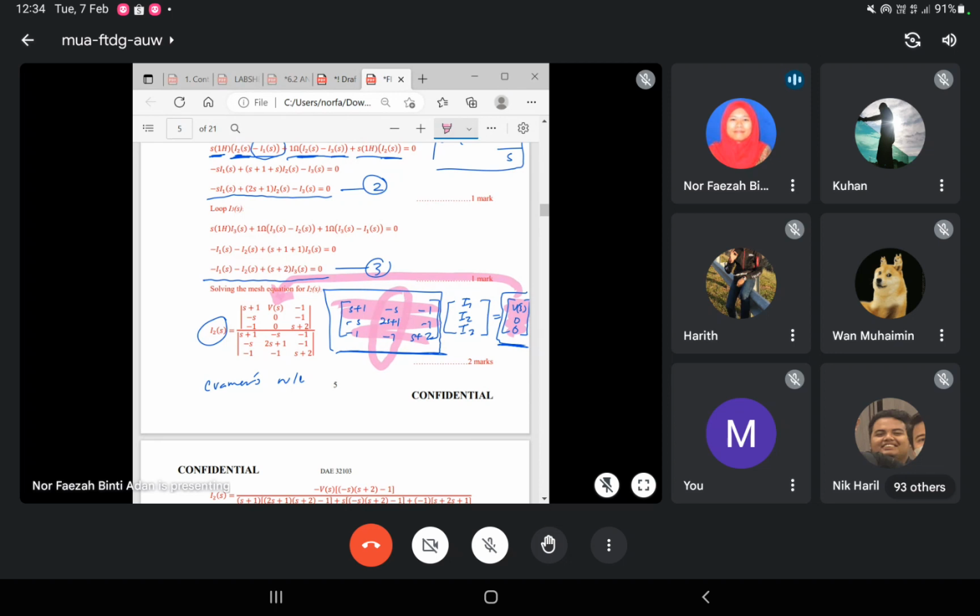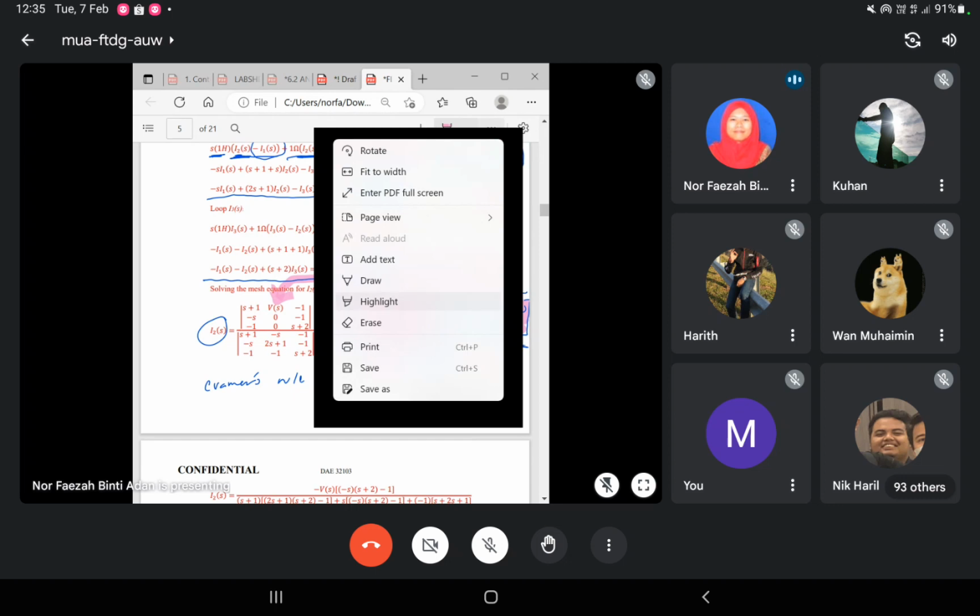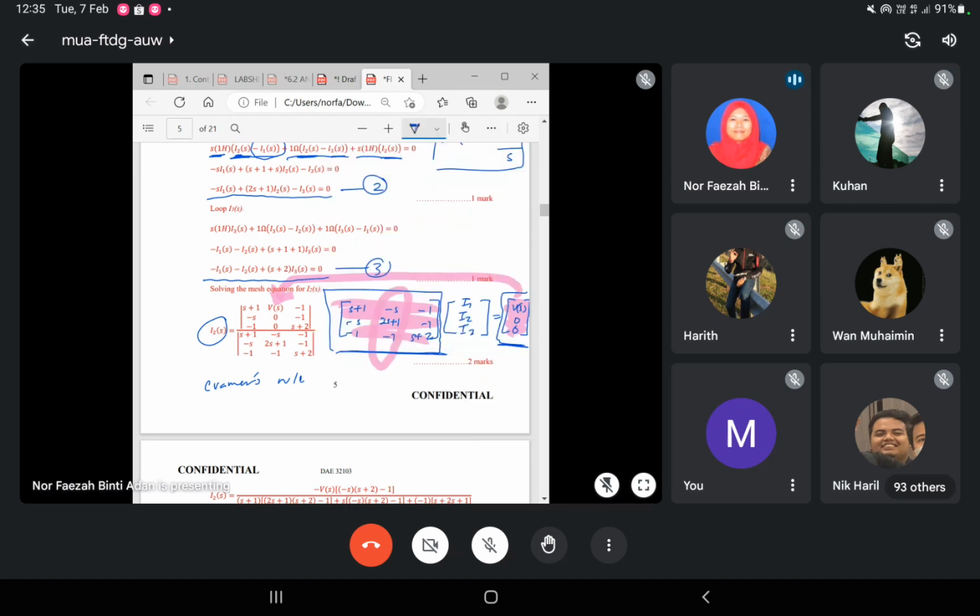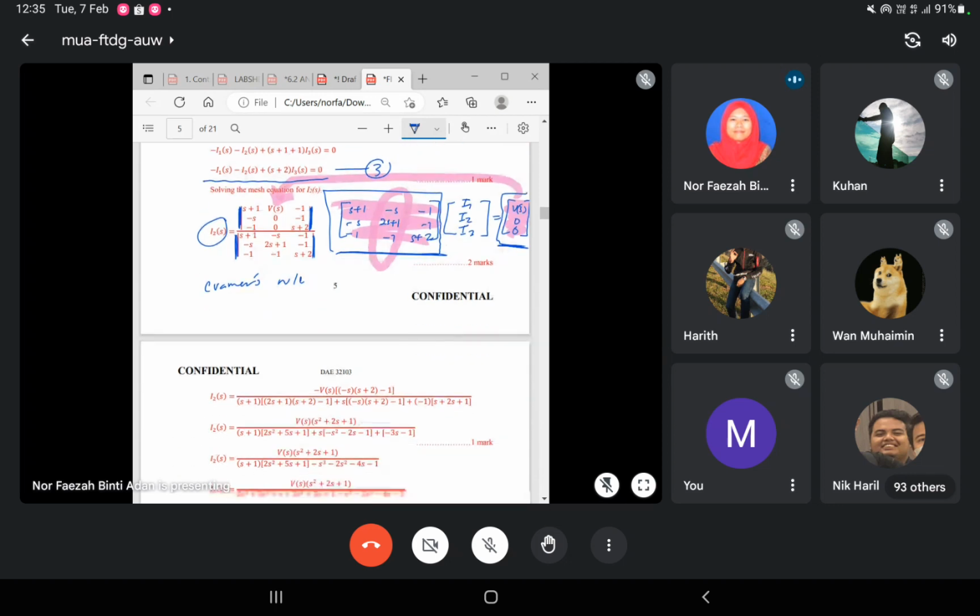So ini adalah equation to find the determinant. Okay, we are trying to find determinant. Macam absolute ni, ini untuk cari determinant. So you must know how to find determinant for 3 by 3 matrix. Untuk solvekan ni dia adalah determinant matrix yang atas bahagi dengan determinant of the matrix yang bawah.